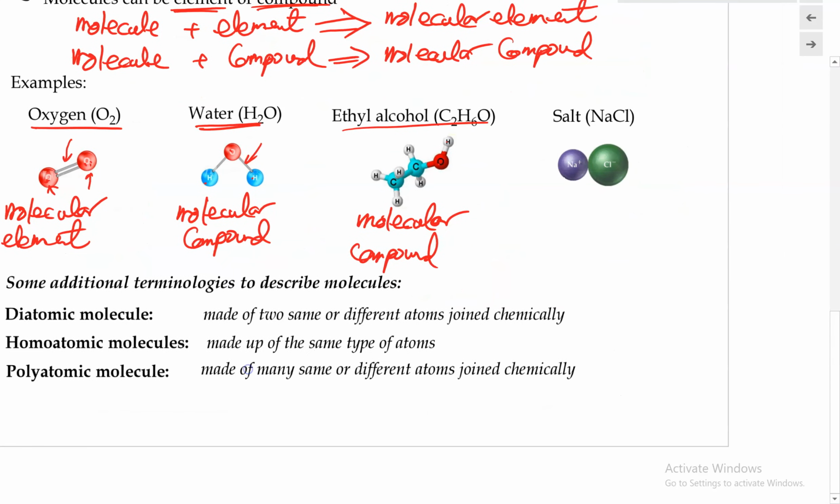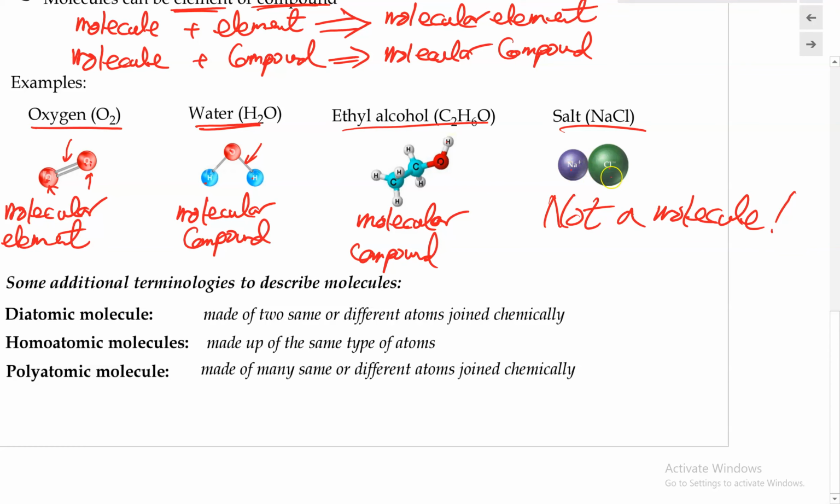Now, table salt, NaCl, is actually not a molecule. It is a compound, but it is not a molecule. And the reason why it is not a molecule is because the sodium and the chlorine are actually not bonded together. So in this case, we do not draw a line that bonded sodium and the chlorine together.